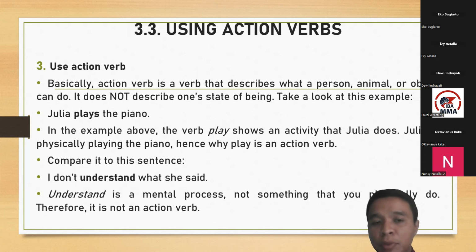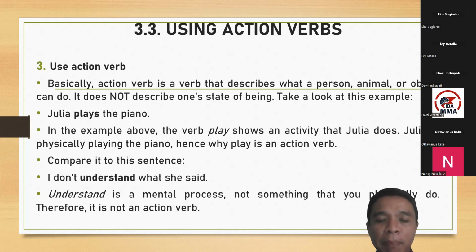So you have to be able to distinguish which one is an action verb to give the power, or what we call the nuance, of the news item text itself.